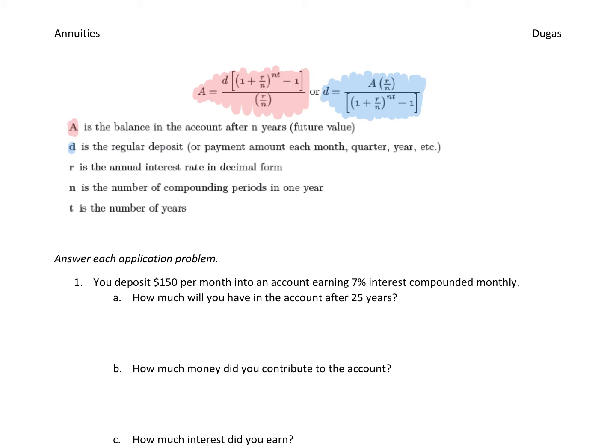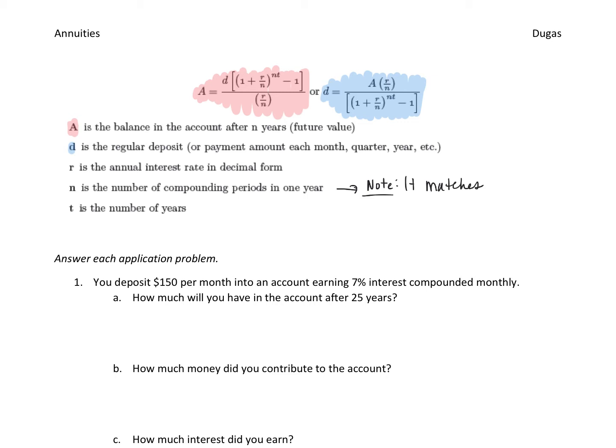It's important to note that sometimes in these word problems or application problems, they don't tell you directly the number of times it's compounded in a year. If they don't tell you that, you assume that it matches the number of deposits that you make in a year.